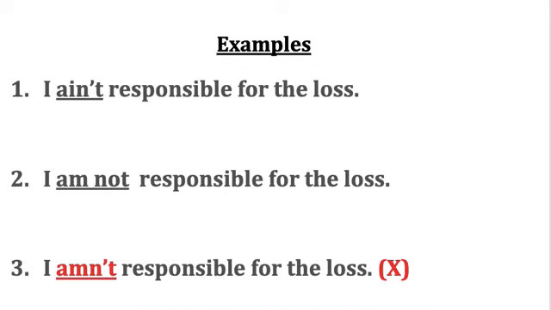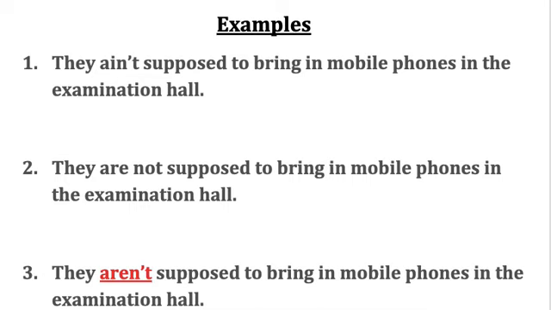Okay, let's go further and look at these examples. They ain't supposed to bring in mobile phones in the examination hall. Now if you look at this ain't, it is the short form of, based on the subject they, they are not supposed to bring in mobile phones in the examination hall. Or you can also contract it to they aren't supposed, A-R-N-apostrophe-T, which is pronounced as aren't. We don't say aren't, aren't.